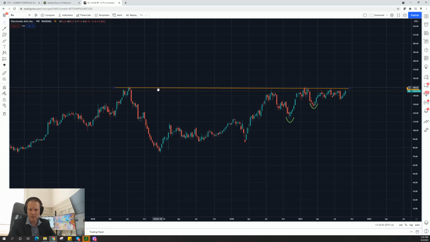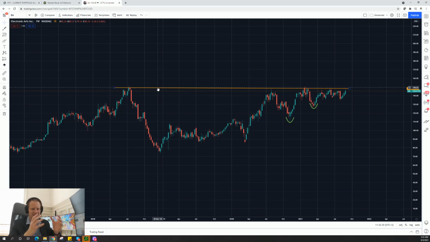What does somewhat meaningfully mean? That's a difficult thing to define because it depends on the volatility of the instrument. For lack of better terminology, I would say at least a few percentage points, 3, 4, 5%, as a simple rule.